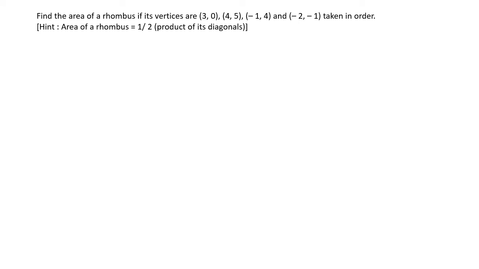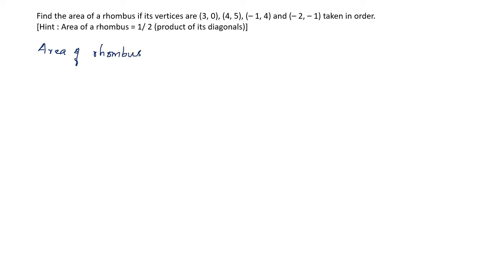Find the area of a rhombus if its vertices are taken in order. Hint is, area of rhombus is half into product of its diagonals. Which color is better for you, red or blue? Red is better. Okay.